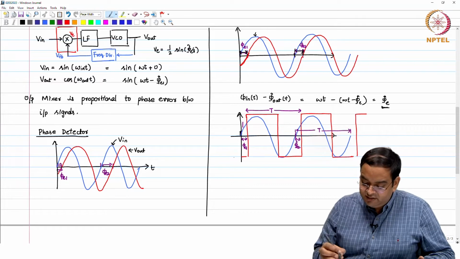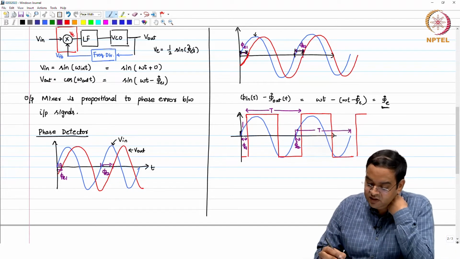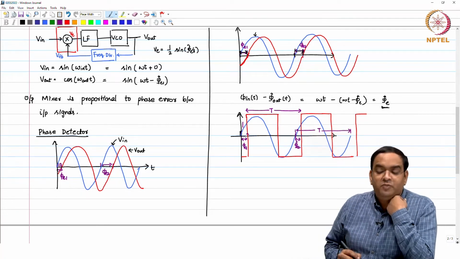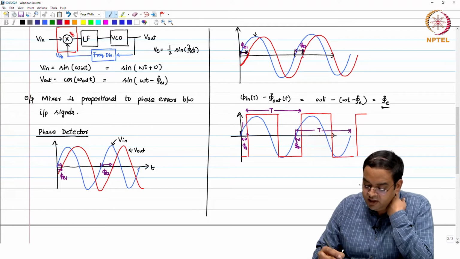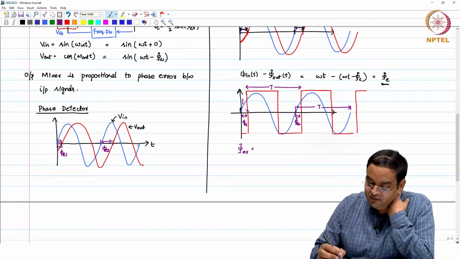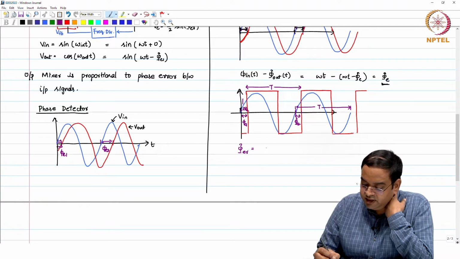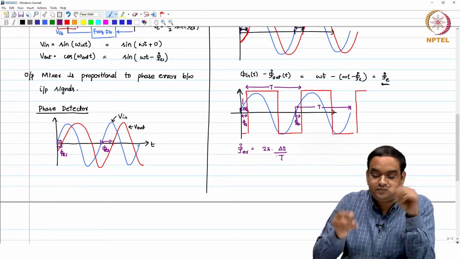If that is the case, the phase error which you are seeing here is the difference between the zero crossing of the two periodic waveforms. So, here the phase error will be defined as whatever the separation you are having between the zero crossing, I will call that as time delta t. So, it is going to be 2 pi times delta t divided by the time period.